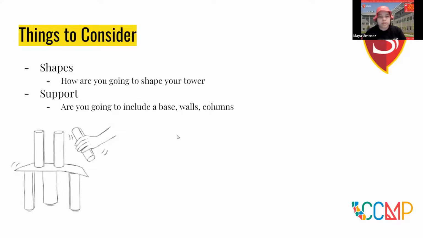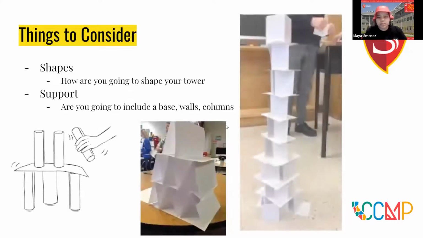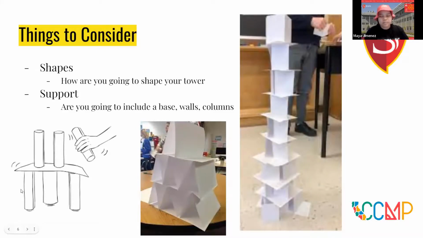These pictures are just examples, in no way meant to be a blueprint for you to follow, but this one on the left would use more pieces of paper than maybe this taller one would use. So I think it would definitely vary based off of the design they're using.